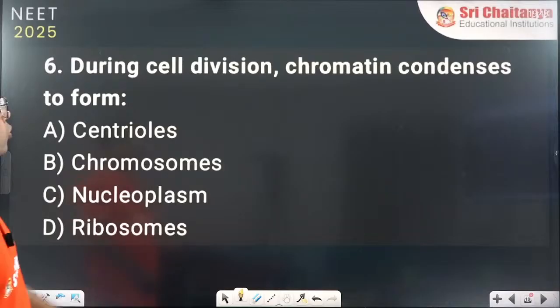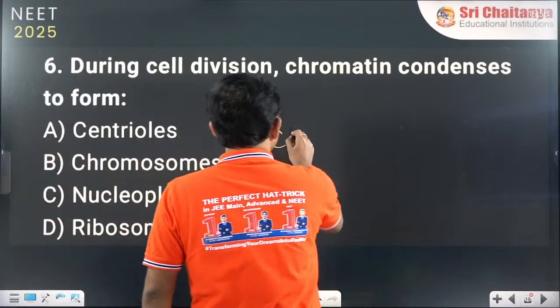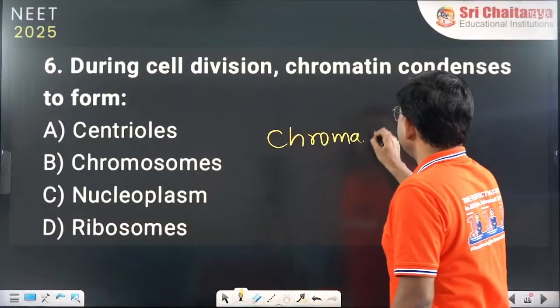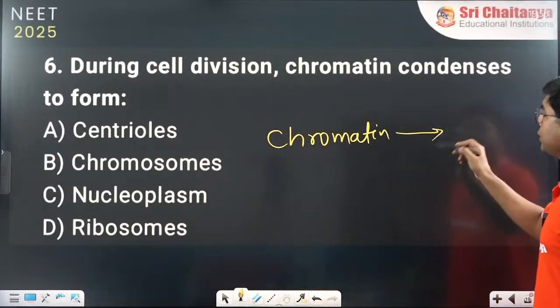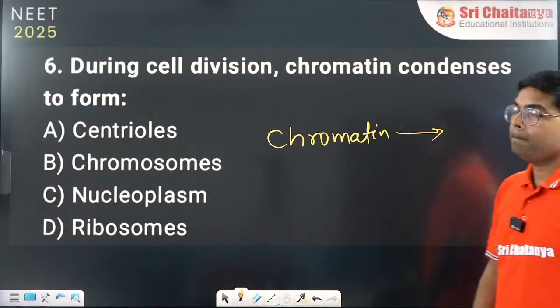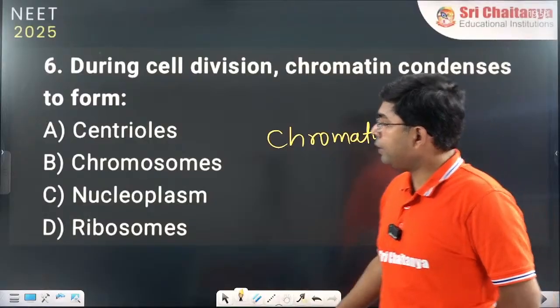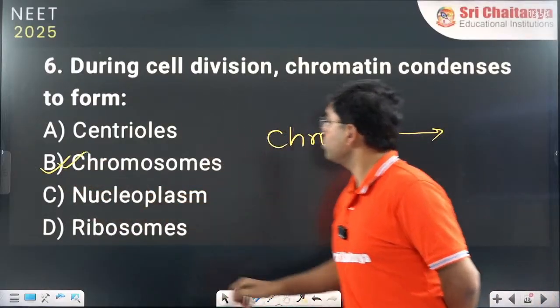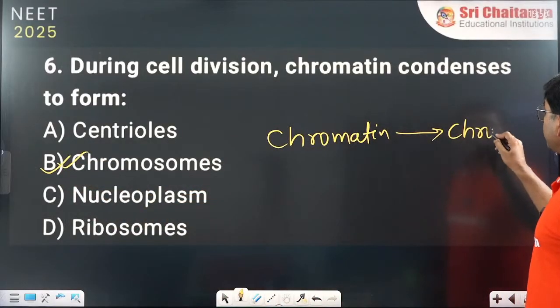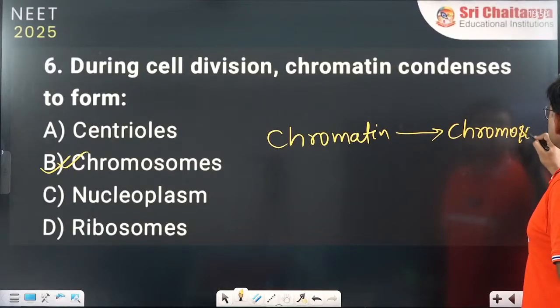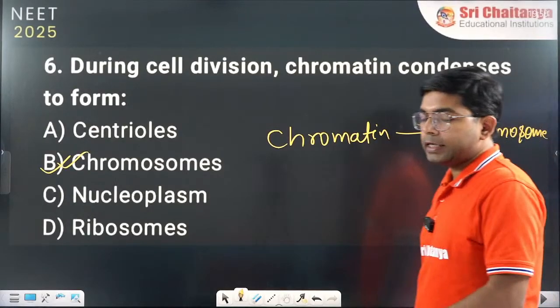During cell division, chromatin condenses to form, very good, chromosome. During the cell division, chromatin forms chromosome.